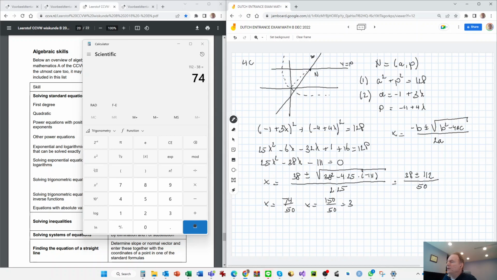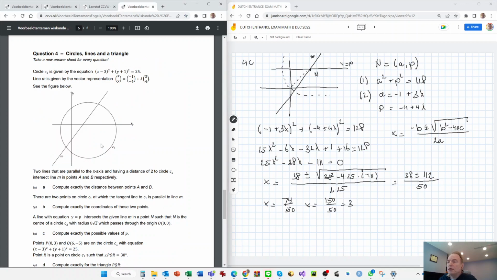Oh, well, this is actually lambda. Okay, what are we going to do? Yeah, now I just need to substitute the lambda here into this equation for p to find the values for p.